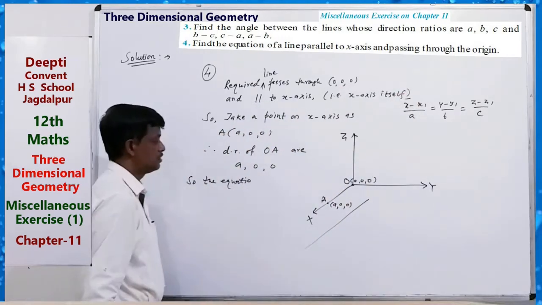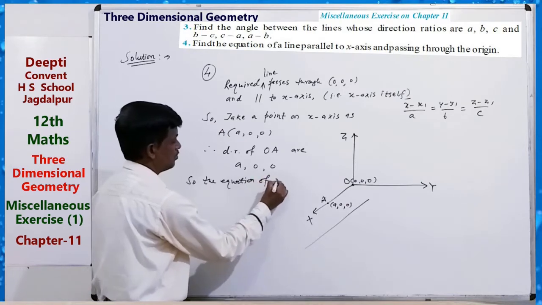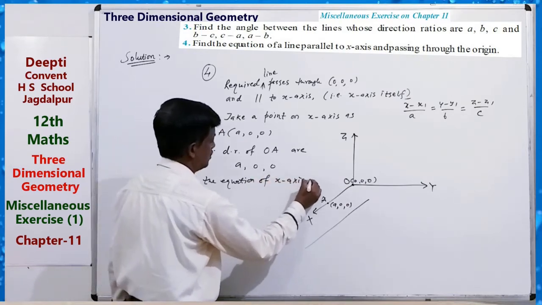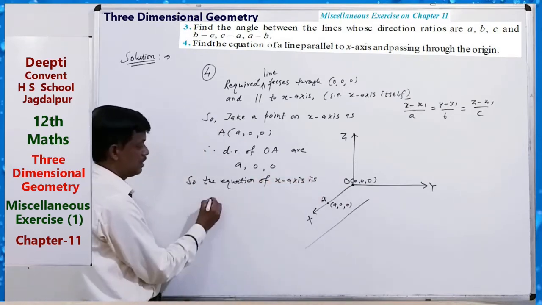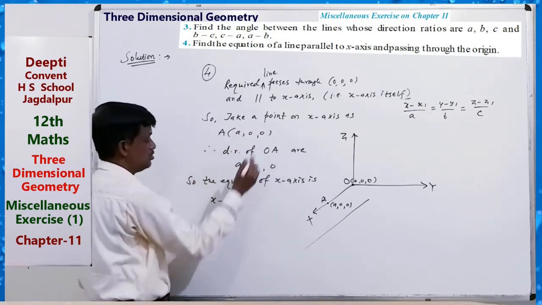Okay. So the equation of the x-axis: (x minus x1)/a equals (y minus y1)/b equals (z minus z1)/c, where x1, y1, z1 is 0, 0, 0, and the direction ratios are a, 0, 0.